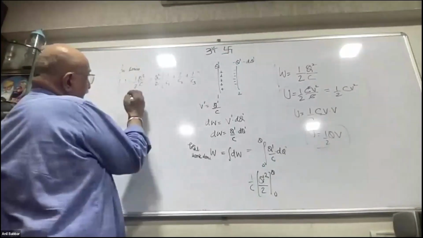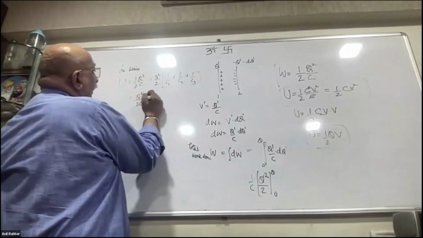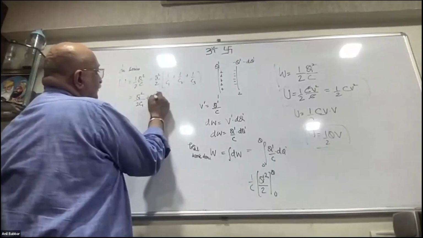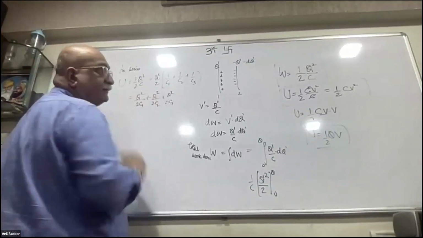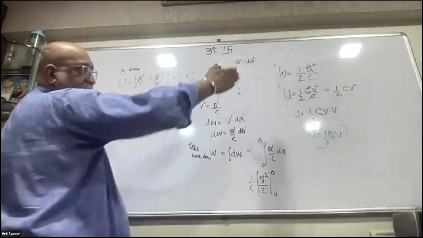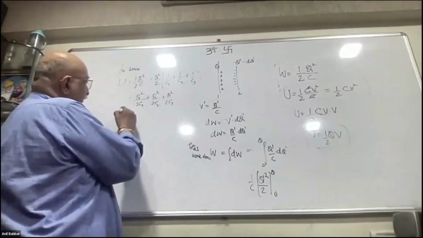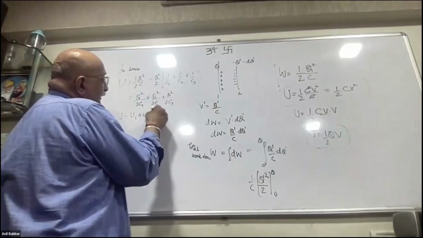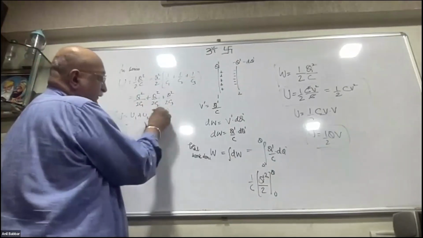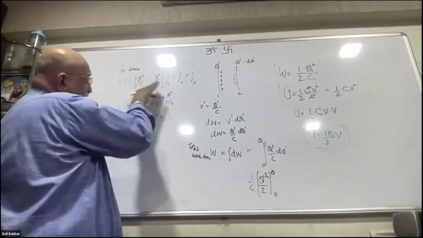When we open this bracket, we get Q square by 2C1, Q square by 2C2, Q square by 2C3, which is nothing but potential energy. So U is equal to U1 plus U2 plus U3 in case of a series combination.